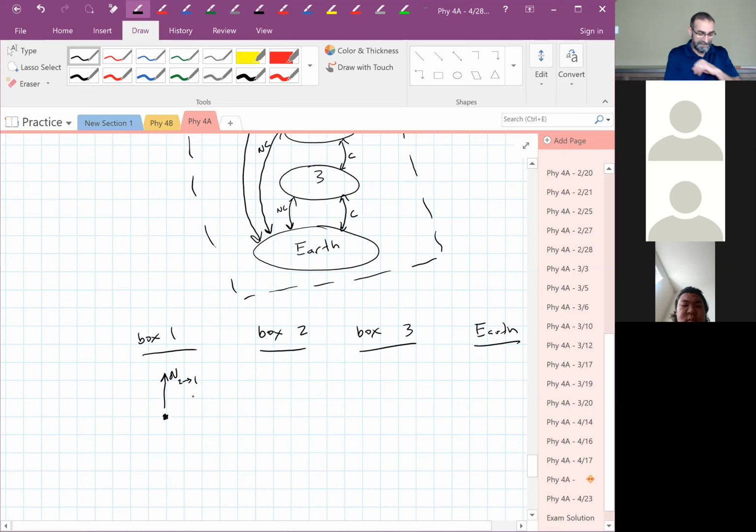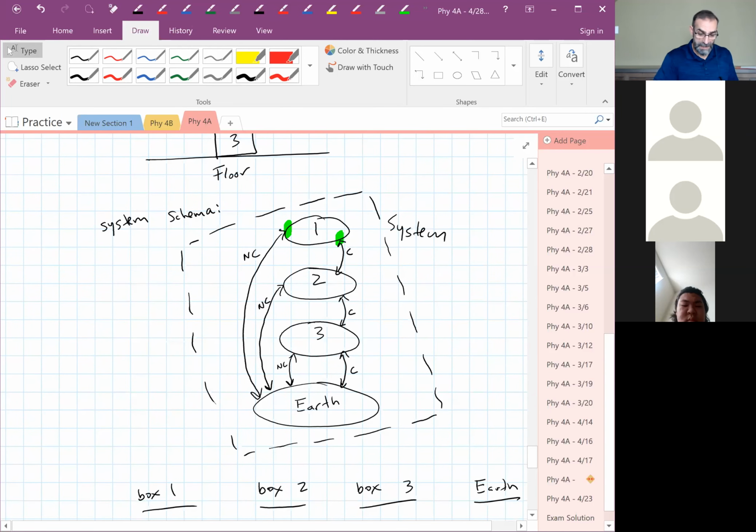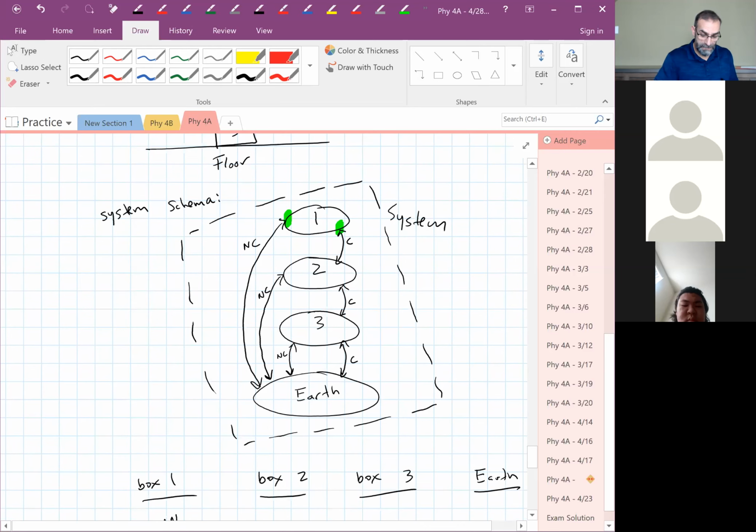Otherwise, it'll get really confusing. And what's pulling down on this? Gravity. That's the Earth on 1. And that's it. Two forces.